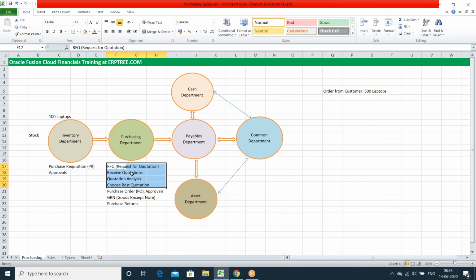Or else, in normal scenarios, these activities can also be done by the purchasing department. If they have a separate department called sourcing, the sourcing department will take care of requesting, receiving, analyzing and choosing. Once the sourcing department takes care of those activities, the purchasing department simply places the order against the selected quotation.